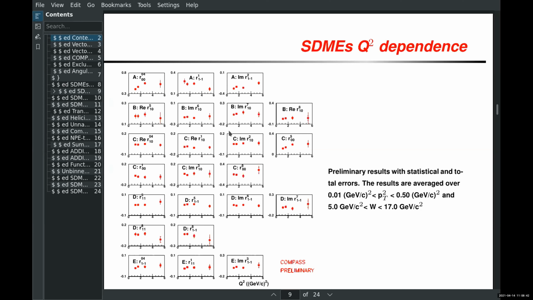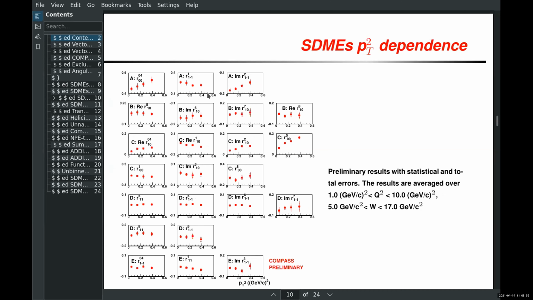Particularly, we observe the element r^5_00 growing with Q square. The same is seen in the dependence on PT square: we observe the same growth with PT square for A and B, and also r^5_00.